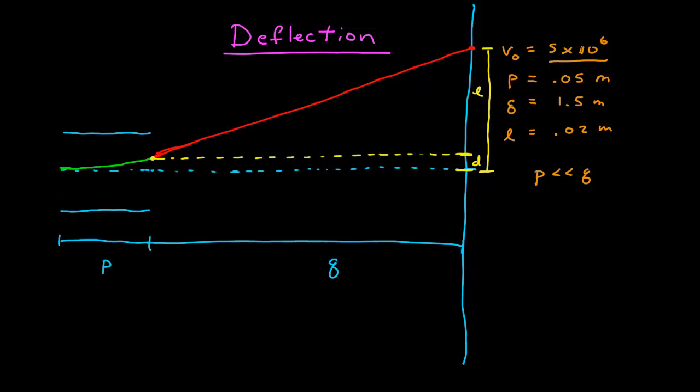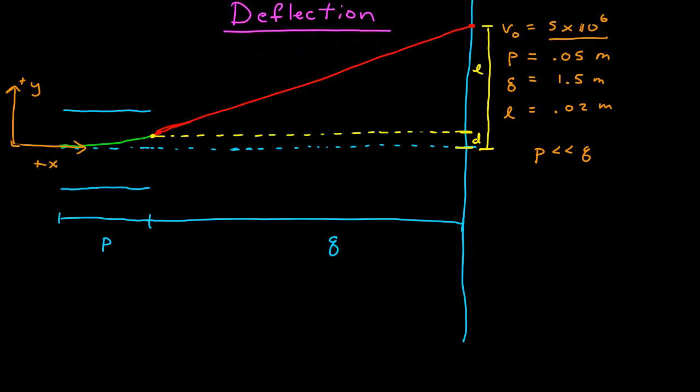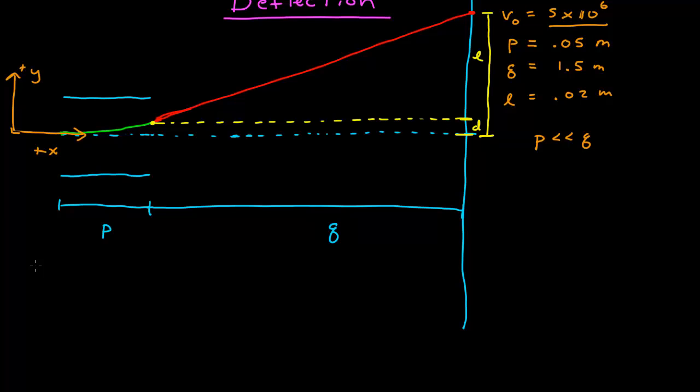So again, we're going to use the same coordinate system that we had before, where this is y, positive y up, and then positive x along the beam line. Okay. So in this case, let's look within the plates first.